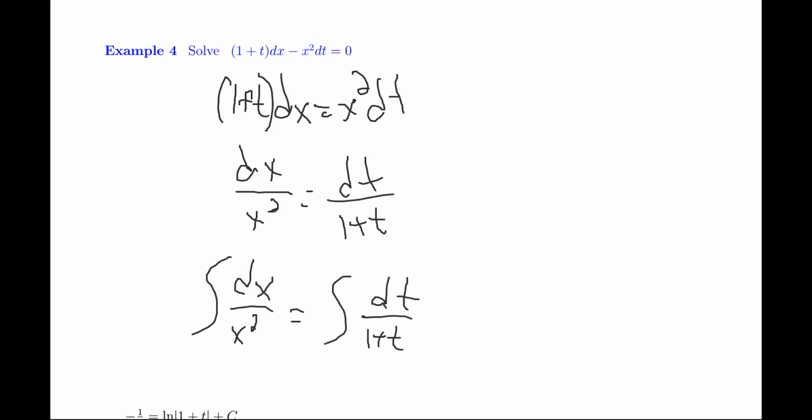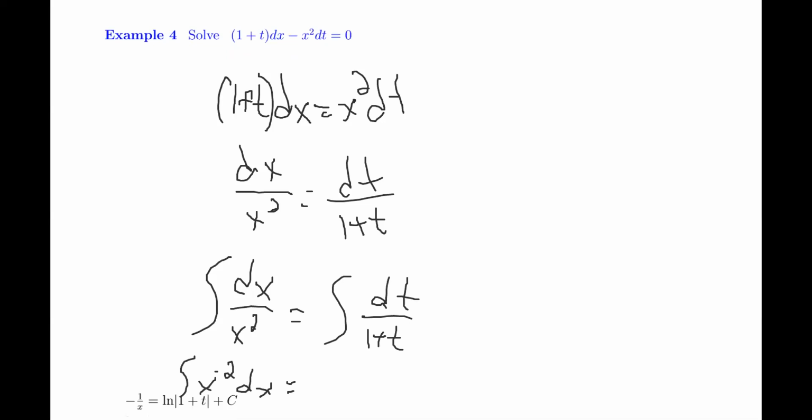So for the integral of 1 over x squared, remember we can rewrite this as the integral of x to the negative 2 dx. What is that? Well, we add 1 to the exponent and then divide by that value.